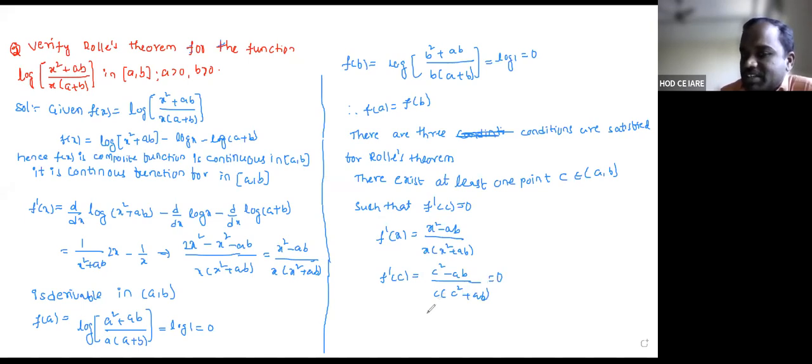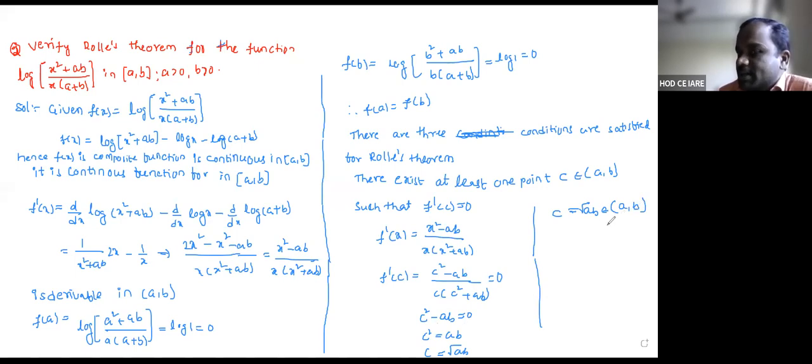So the denominator goes to the RHS, and you can write c square minus ab is equal to 0. c square is equal to ab, then c is equal to root ab. Therefore, c is equal to root ab, which belongs to the open interval of a comma b.